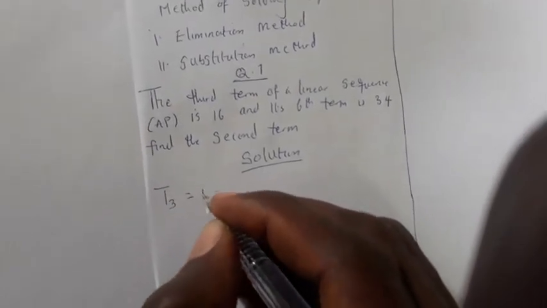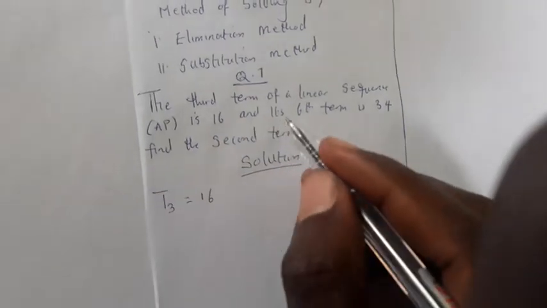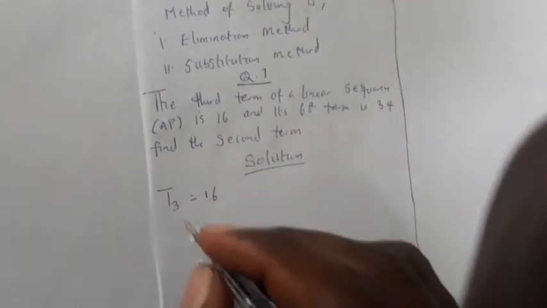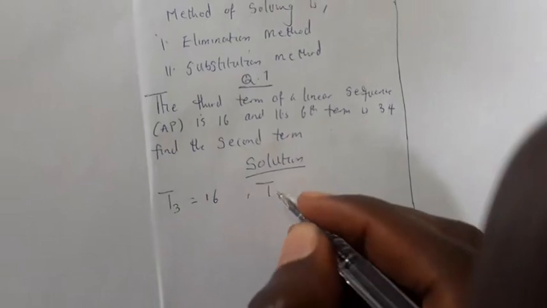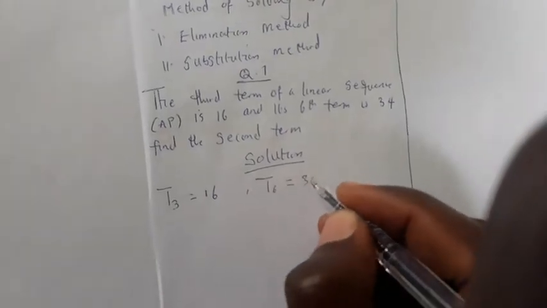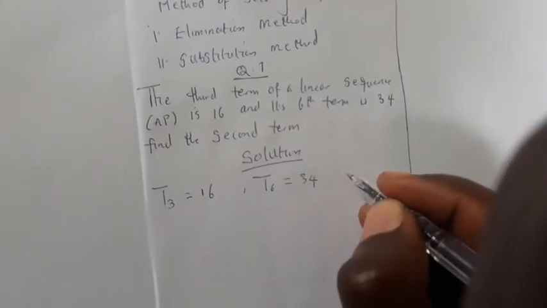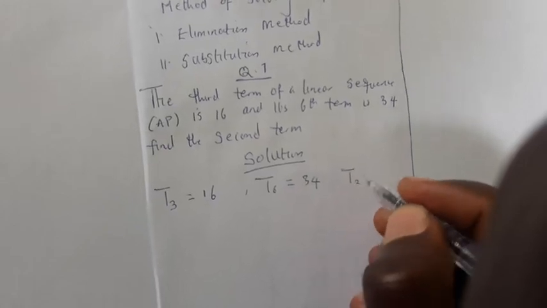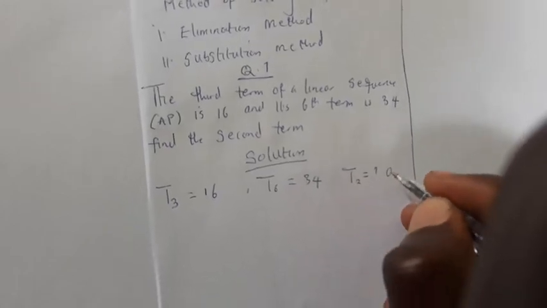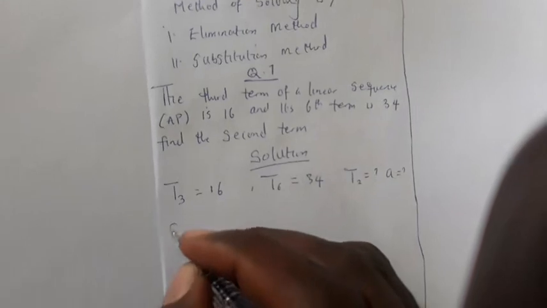T3 equals to 16. And its sixth term is 34. T6 equals to 34. Now find the second term. T2 is unknown. A is unknown. Common difference D is unknown.